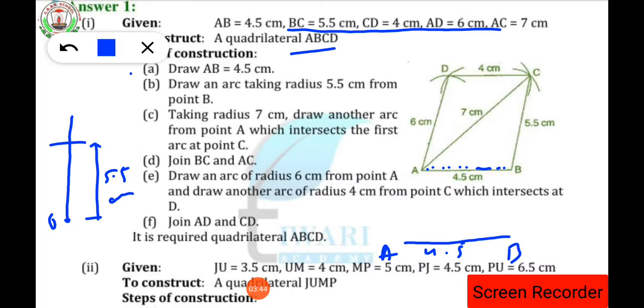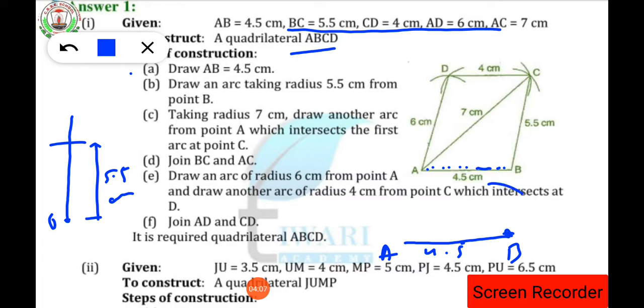Keeping the needle of your rounder at 0 of the scale and stretching the pencil part of the rounder up to 5.5 centimeter, so that on the mouth of the rounder you have the measurement 5.5 centimeter. Then this rounder measurement you have to keep at point B. This needle you have to keep at point B and draw the arc.